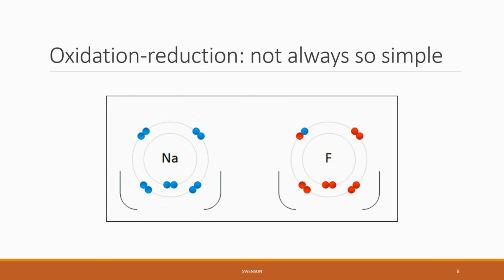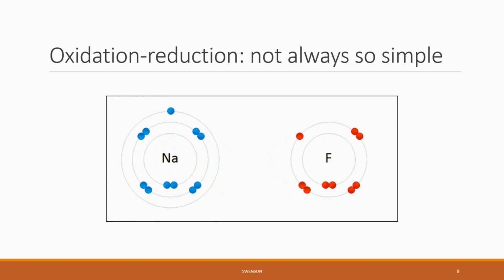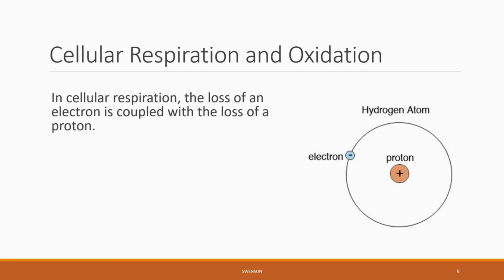Now, this is a rather simple example, and cellular respiration deals with organic biomolecules and is a much more complicated process. Before we get into it, let's add a note to keep in mind that will better help you follow the steps. When we see a loss of an electron from a molecule, it will come along with a loss of a proton.